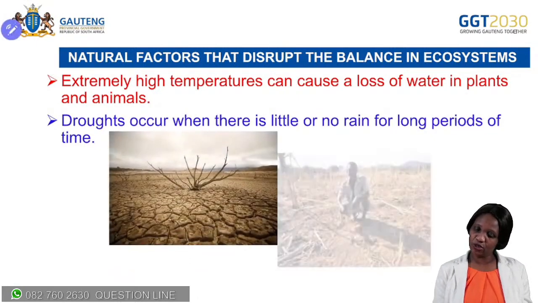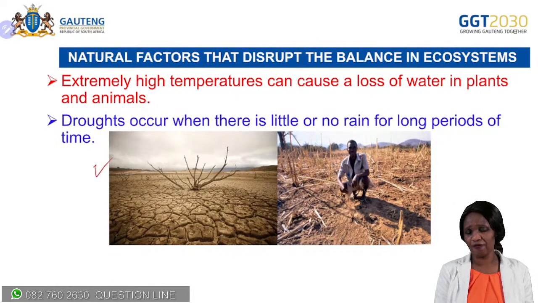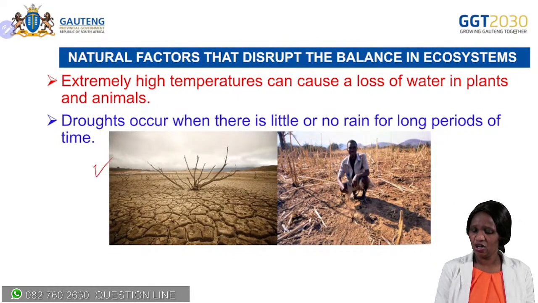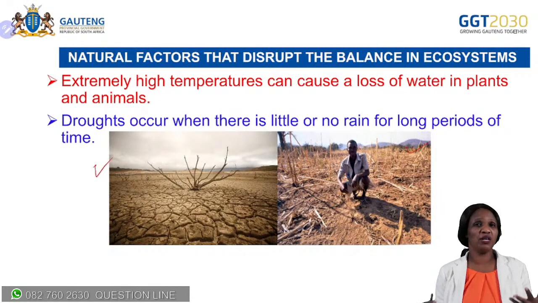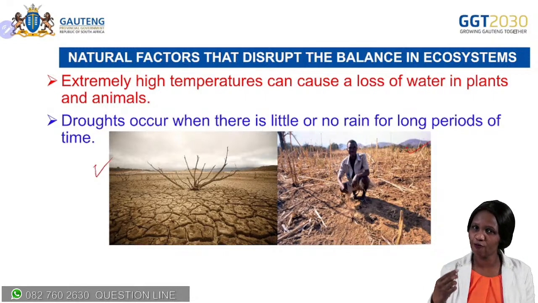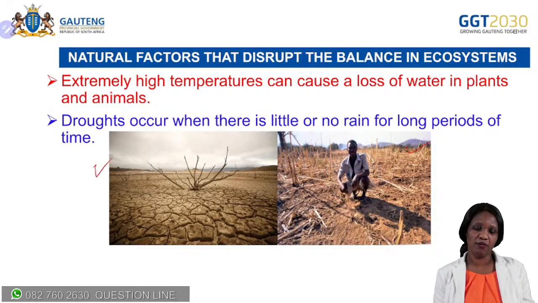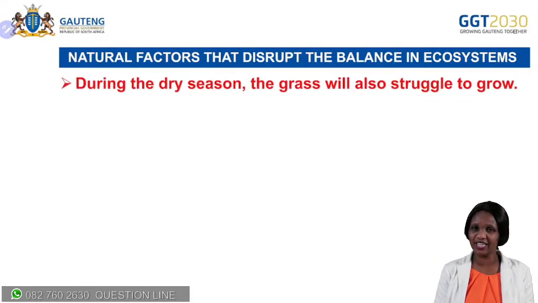For example, let's look at this picture. This is a picture of land that is dry, no vegetation at all. And the other picture is a picture of a man in his fields. The crops have dried. Why? Because there are no rains. Therefore, there is no food for animals. Then you'll see animals dying because there is drought.